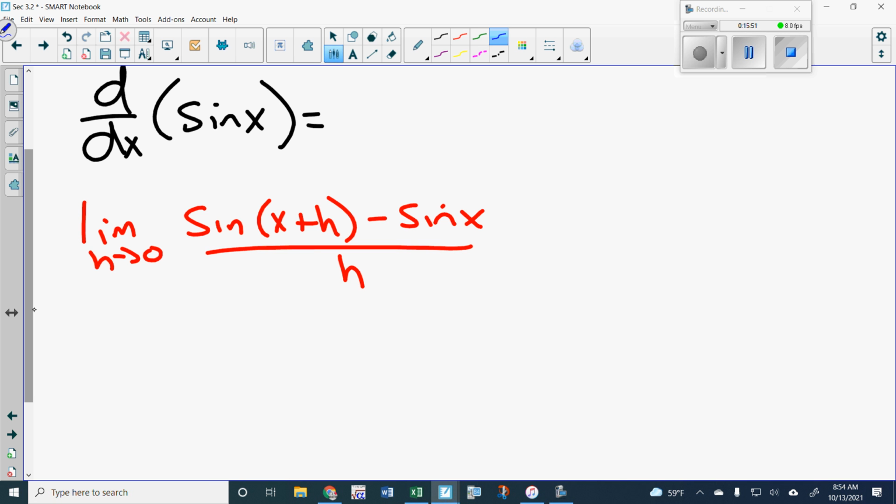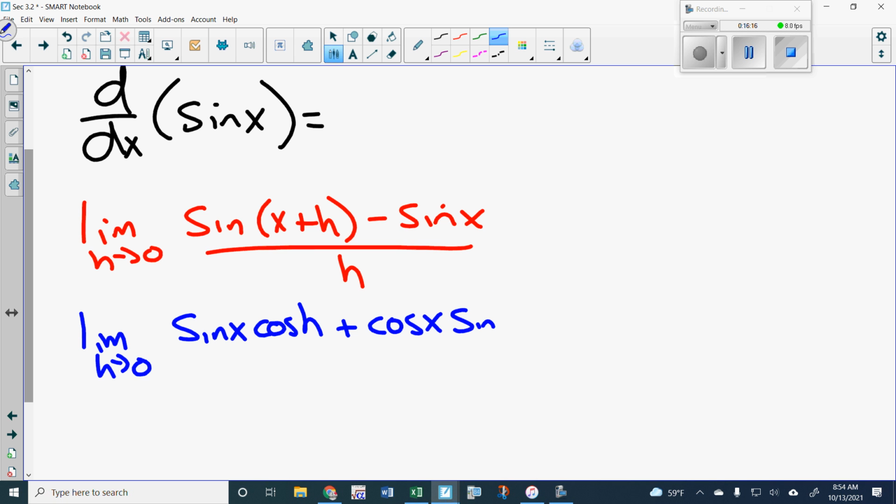Now this is where we're going to use that trig identity. What is the sine of x plus h? Sine of x, cosine of h, plus cosine of x, sine of h, minus sine of x.